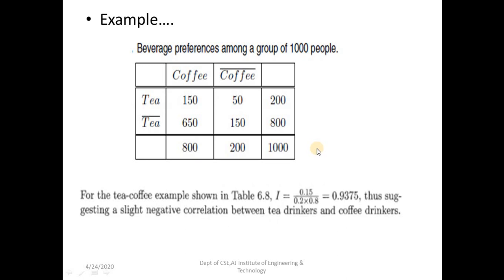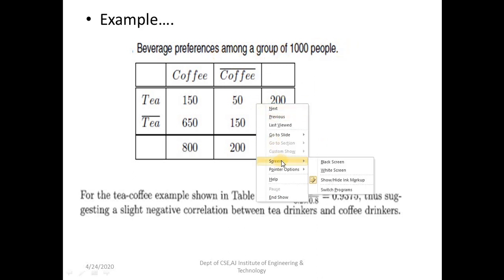Consider this example: beverage preferences among a group of 1,000 people. Let us calculate the interest factor.